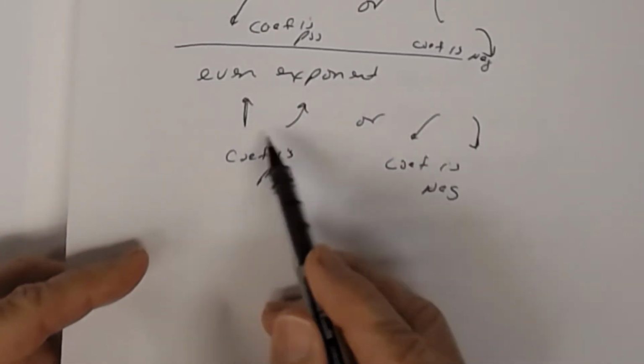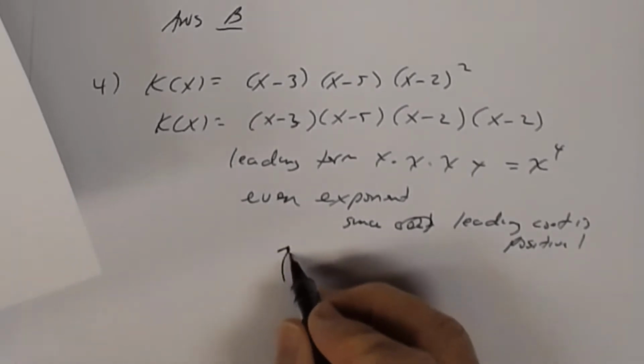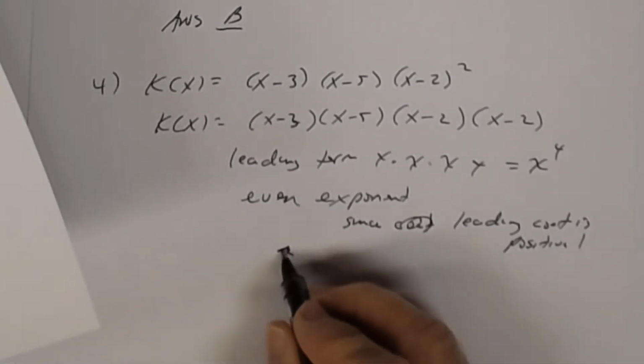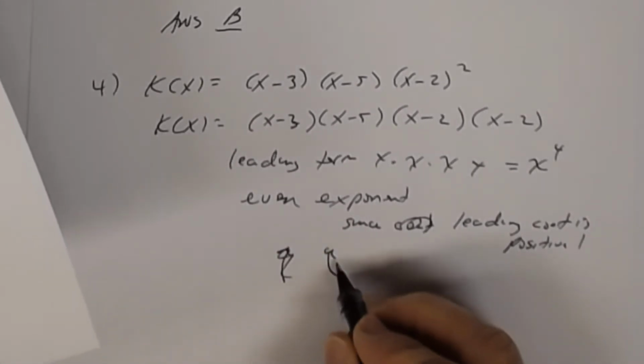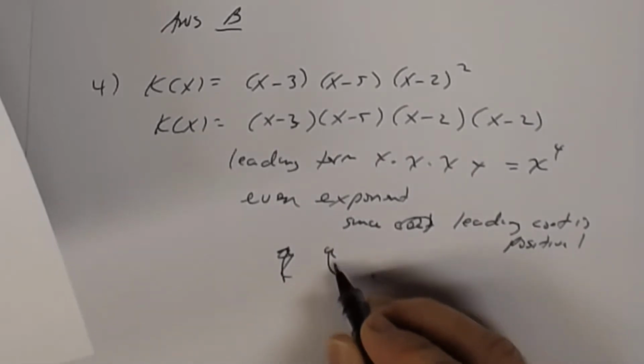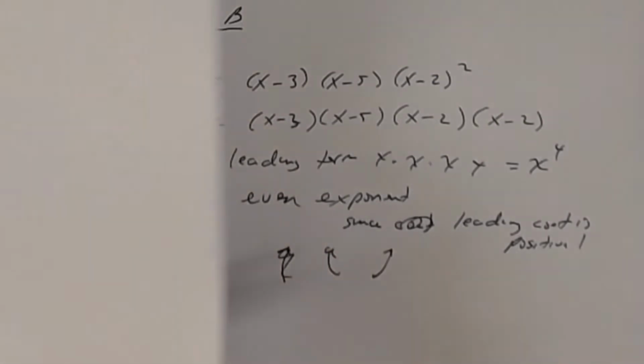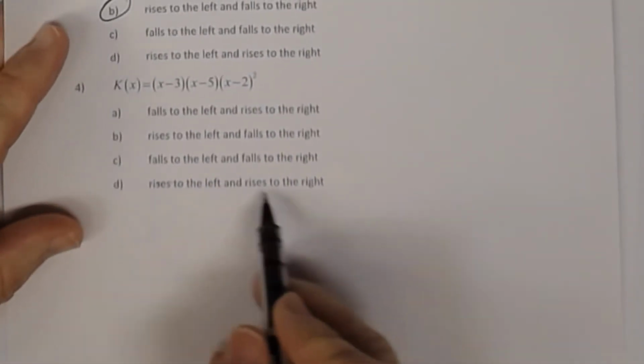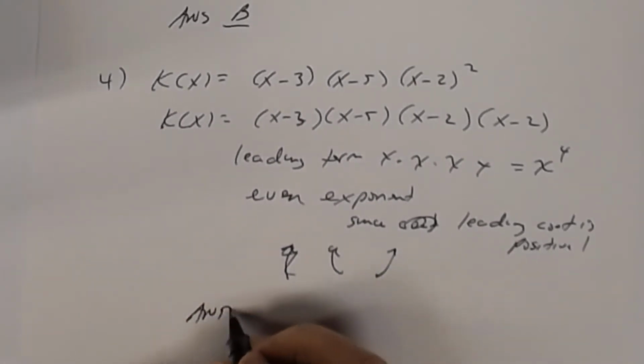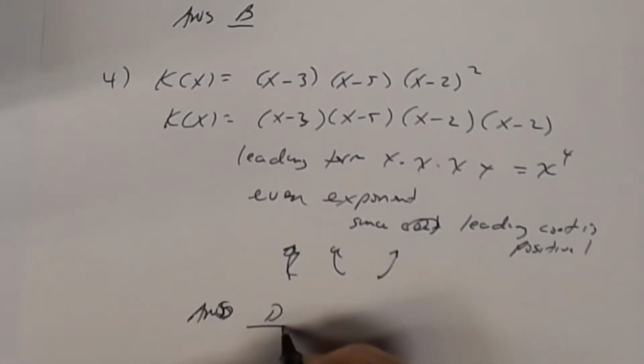Positive, then we know it's going to do this one. So it's going to be rise to the left, rise to the right. So it'll be this one right here. So it's 4D. So the answer is D.